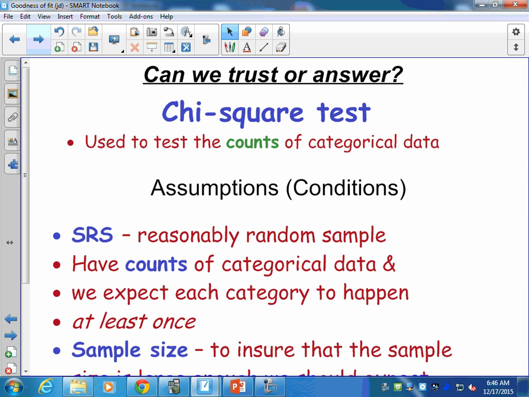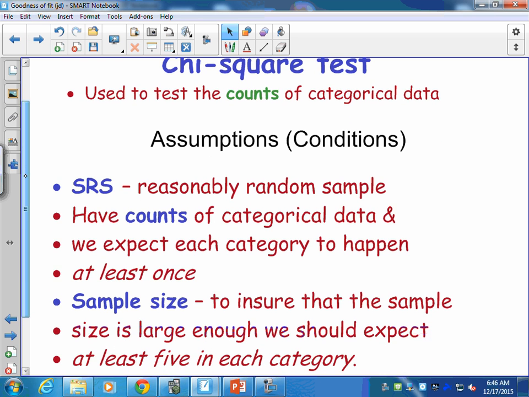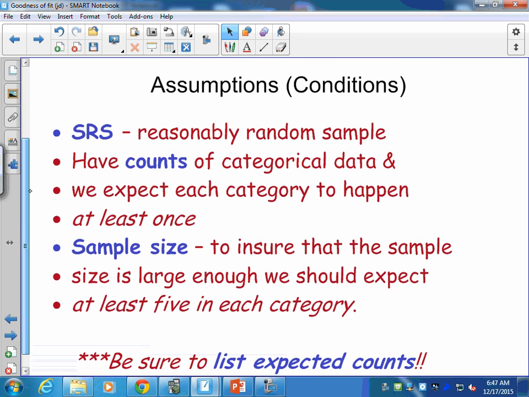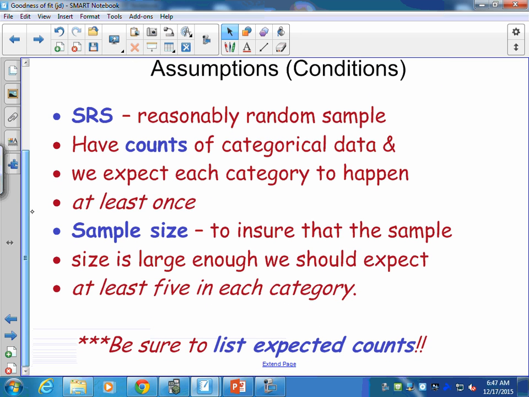Chi-square testing is a little bit easier, with fewer assumptions to test, because all we're looking at is the counts of categorical data. Now, the counts could easily become proportions, but in this case, we're looking at whole number values. So our assumptions: simple random sample, is that reasonable to assume?